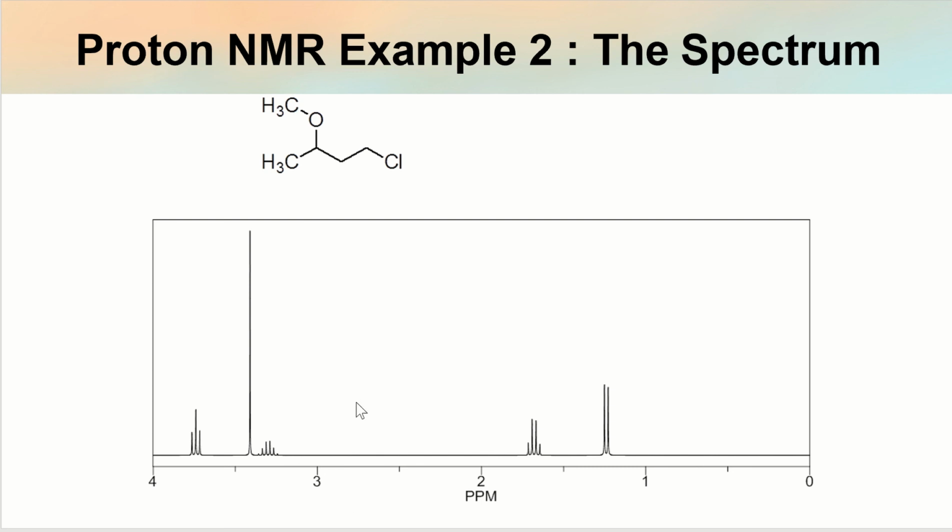So even looking at it, you should be able to say, for example, which peaks you expect to be de-shielded, and which peaks you expect to be the most shielded, right? And at this point, you should be able to come up with that.